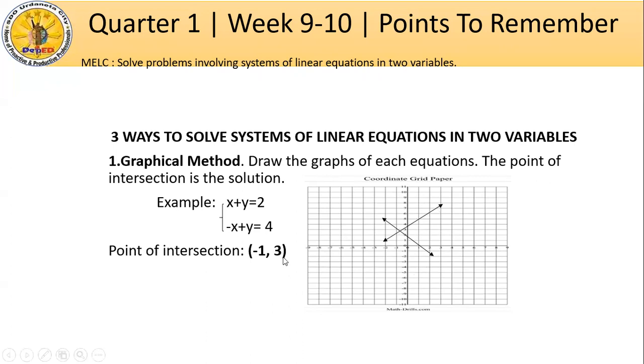To check if our answer is correct, we substitute: -1 plus 3 is equal to 2. 2 is equal to 2. On the second equation, negative times -1 is equal to +1, plus 3 is equal to 4. So this solution satisfies both equations.